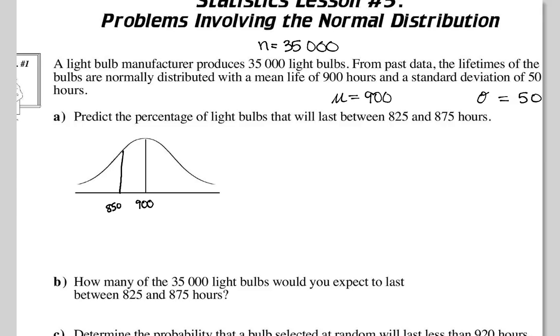Very nice. One more standard deviation, you'd be at 800. Very nice. Now do that to the right side. To the right, you'd be at 950, and one more over, you'd be at 1,000. Good.